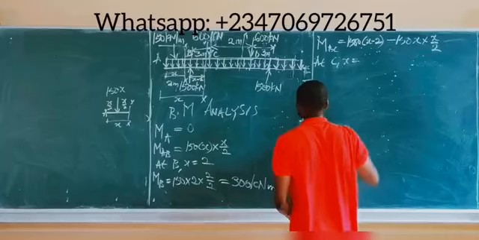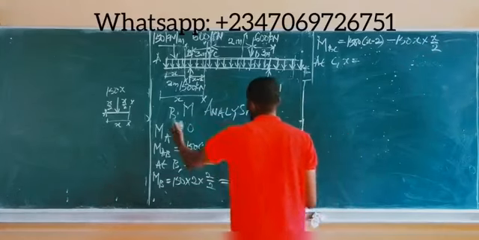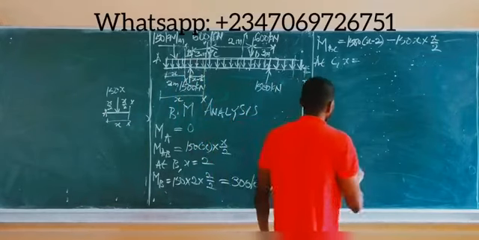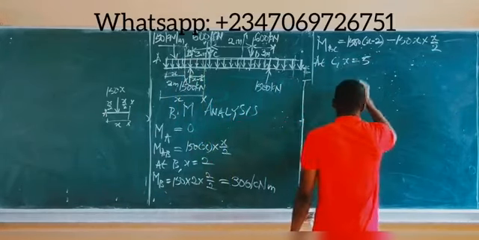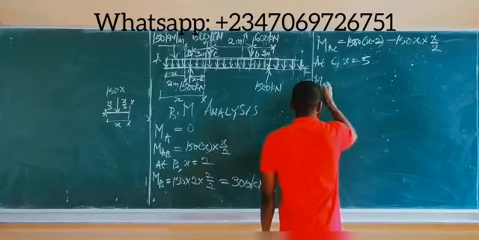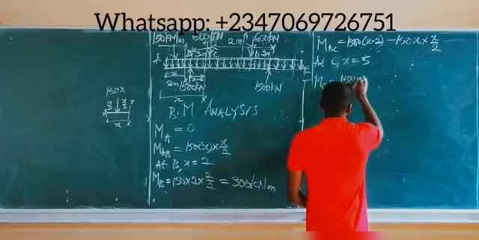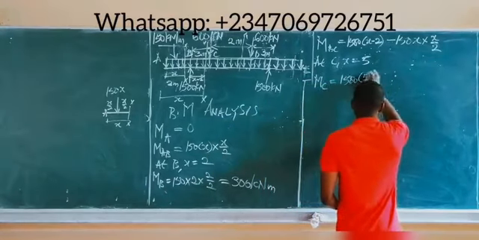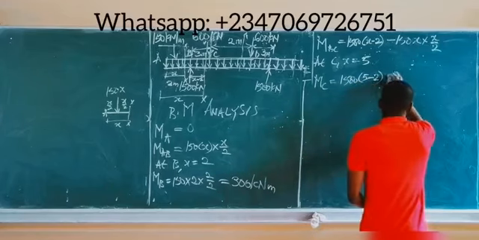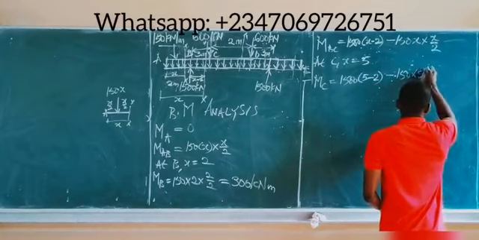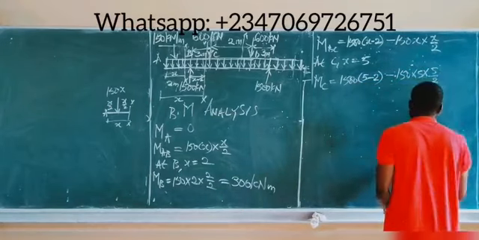So at C, x is equal to the total length from A to C, which is from this point to this point, and that's 3 plus 2, which is 5 meters. x equals 5. Therefore, moment at point C is equal to 1,500 into 5 minus 2, minus 150 times 5 times 5 all over 2.